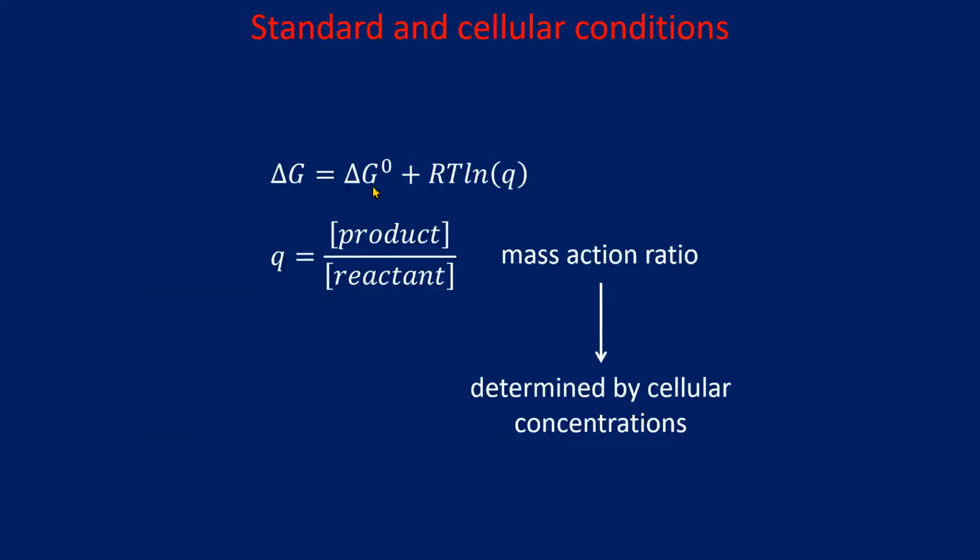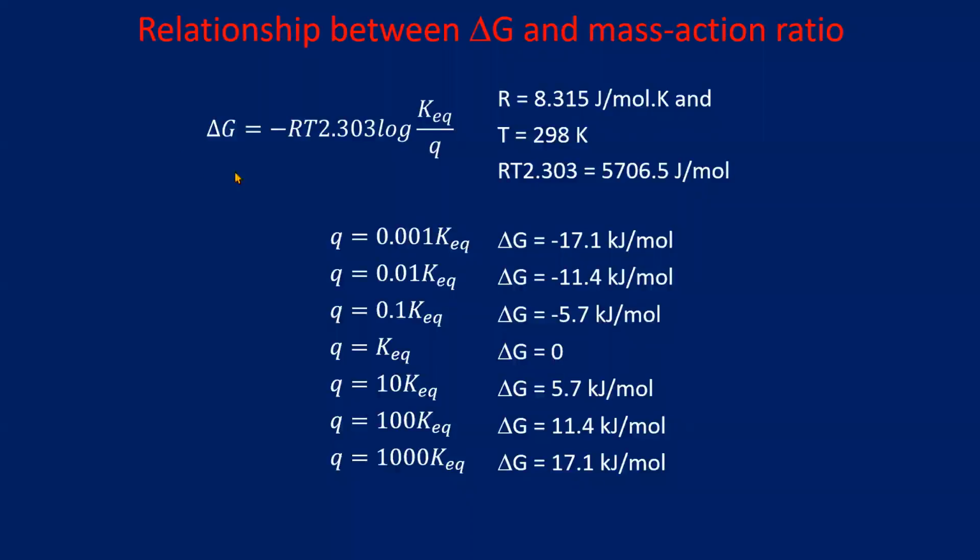Then you want to modify your equation. Delta G is equal to delta G naught plus RT log Q, and that Q is basically the ratio of the concentration between product and reactant. With that, I can write this equation: delta G is equal to minus RT 2.303 log K equilibrium divided by Q, where R is the gas constant, T is the temperature, and so on. Now, an interesting thing here: let's say we take the ratio between Q and K equilibrium.